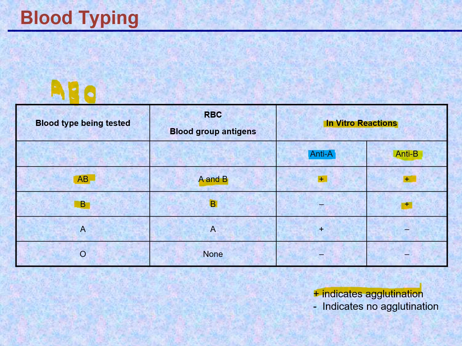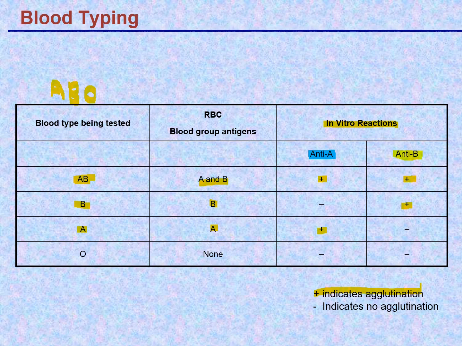If the person is blood group A, it means they have A on the surface of their cells, and the anti-A will cause agglutination. Anti-A is a very specific antibody for A. It will bind to A. Anti-B is very specific.